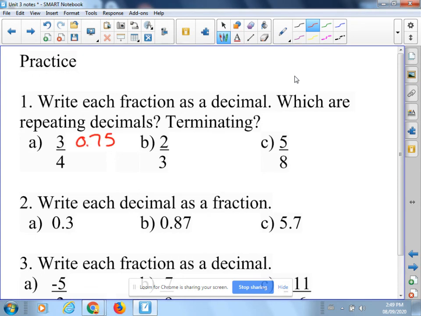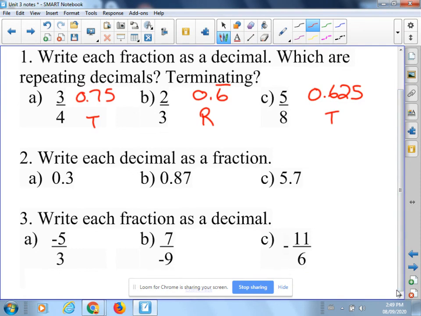That would be a terminating decimal. 2 divided by 3 is 0.666666. So that is a repeating decimal. 5 divided by 8 is 0.625. That is also a terminating decimal.